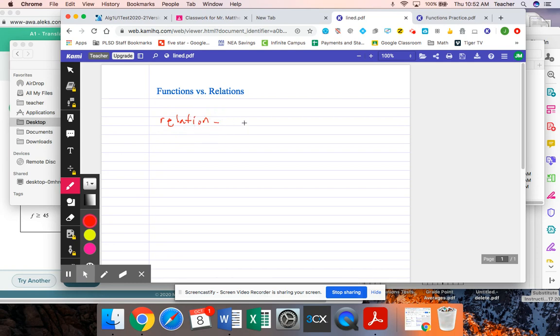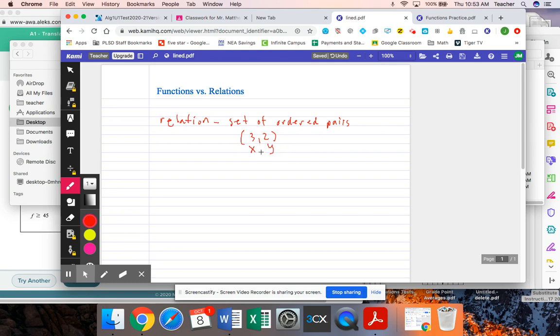A relation is really just a set of ordered pairs, or a set of inputs and outputs. By that I mean like (3, 2), where we have an x value and a y value.